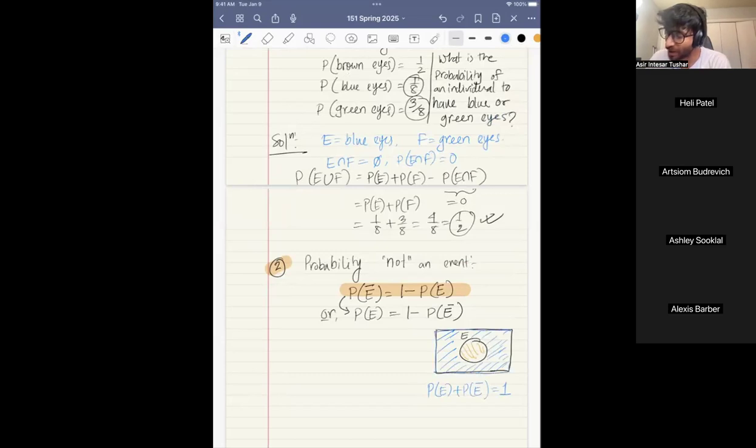The blue is the complement and the orange is E. So together they take up the whole rectangle, the whole sample space, because the rectangle represents the sample space. So if you add them, they should equal 1. So from this equation, we get that the probability of E complement is 1 minus the probability of E. That's the explanation.